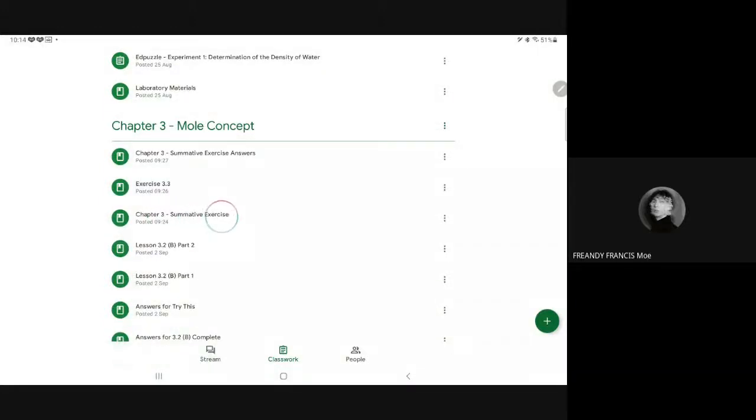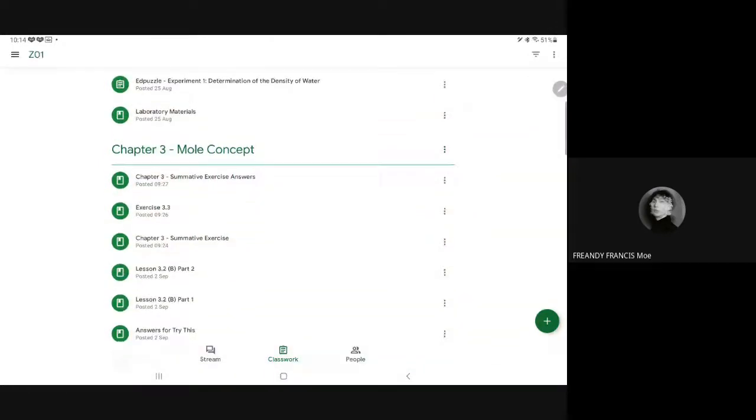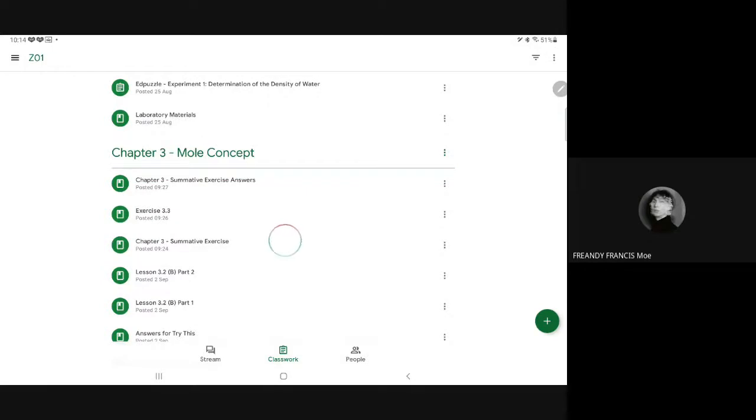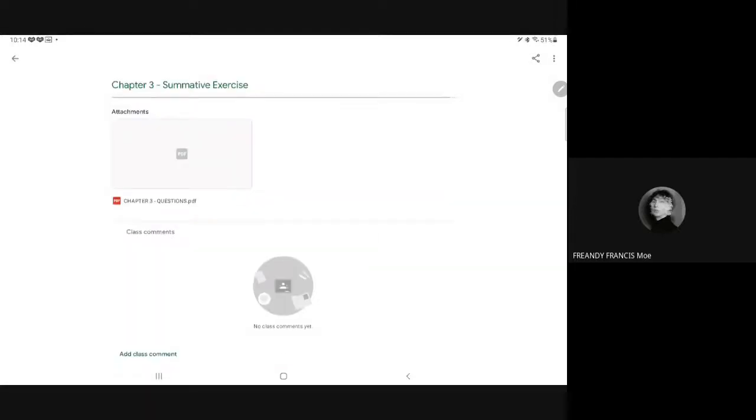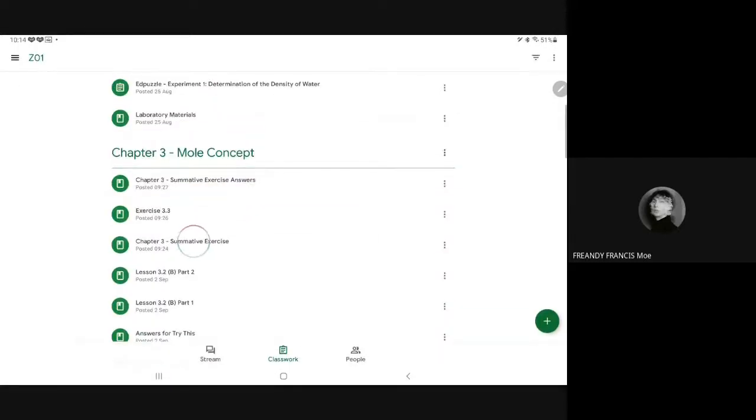Summative exercise answers and exercise 3.3. This summative exercise has questions that mix everything, the try this, whatever, all the MCQs. So you can use it as practice that you do yourself over the weekend or tonight or whenever you want, for revision of chapter 3.